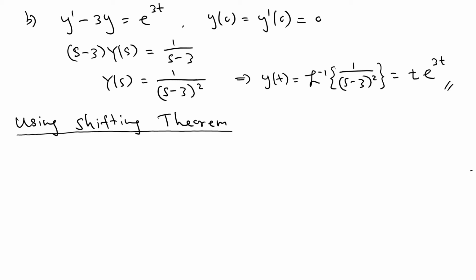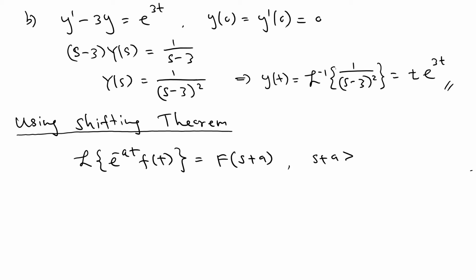We already know what the shifting theorem is; we discussed that in the inverse transform video. For example, we know that the Laplace transform of e to the minus at times f(t) is simply F(s plus a). So this works when s plus a is positive.